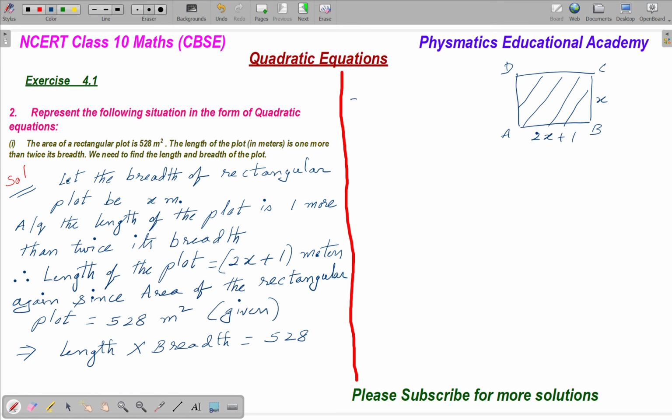Now further simplifying, length is 2x plus 1 into x is equal to 528. Again further simplification, 2x square plus x minus 528 is equal to 0, which is a quadratic equation.